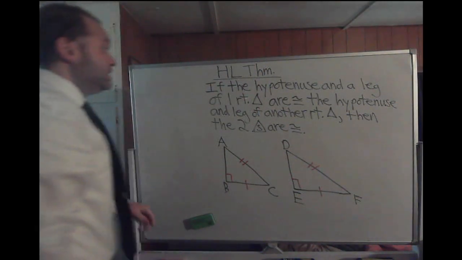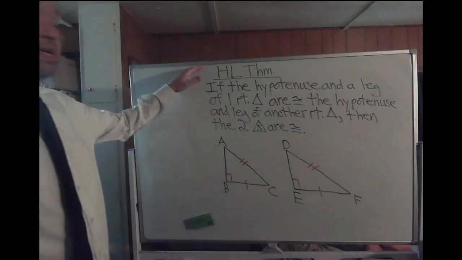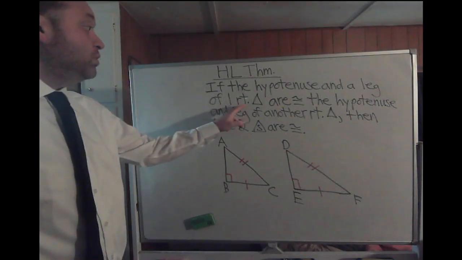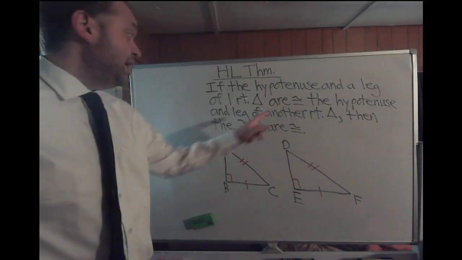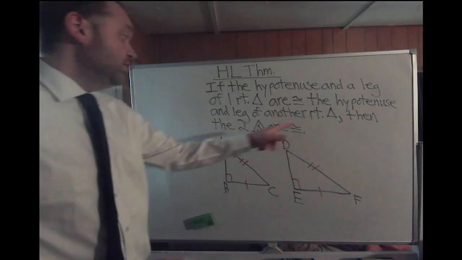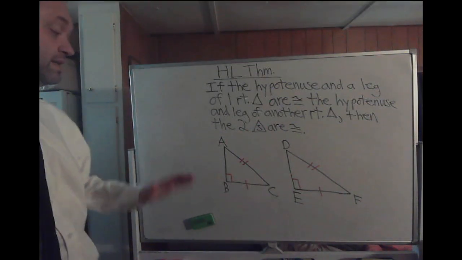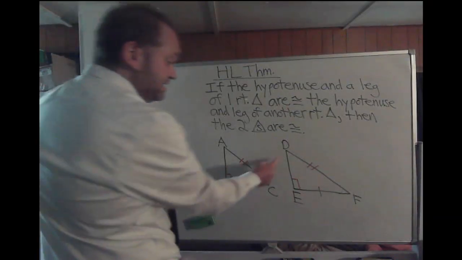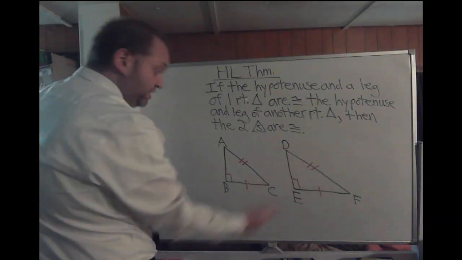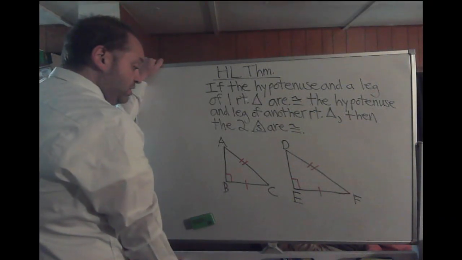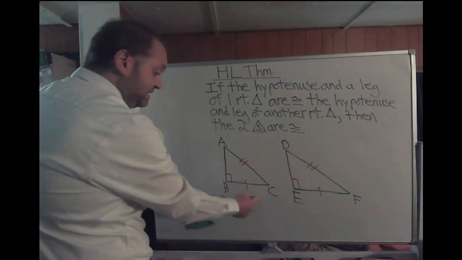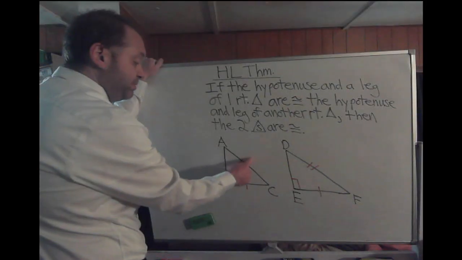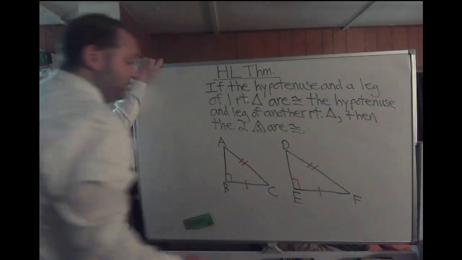Okay. So the hypotenuse-leg theorem, the HL theorem, states that if the hypotenuse and a leg of one right triangle are congruent to the hypotenuse and leg of another right triangle, then the two triangles are congruent. So here I have triangles ABC and DEF. We see they're both right triangles. We see that the leg BC is congruent to leg EF of these two triangles, and then both hypotenuses AC and DF are congruent.